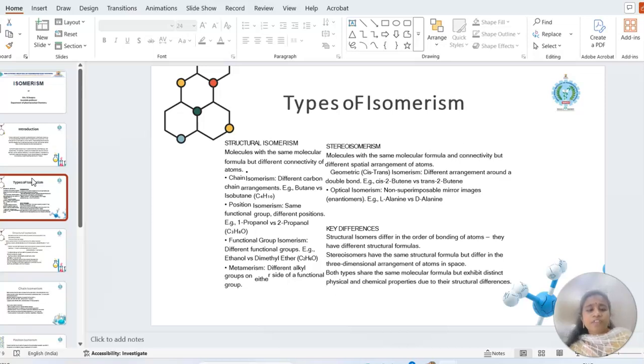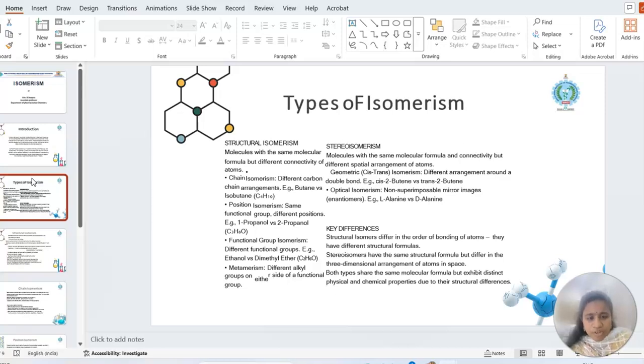For example, 1-propanol and 2-propanol have the same molecular formula, C3H8O, but the position of the OH is different.